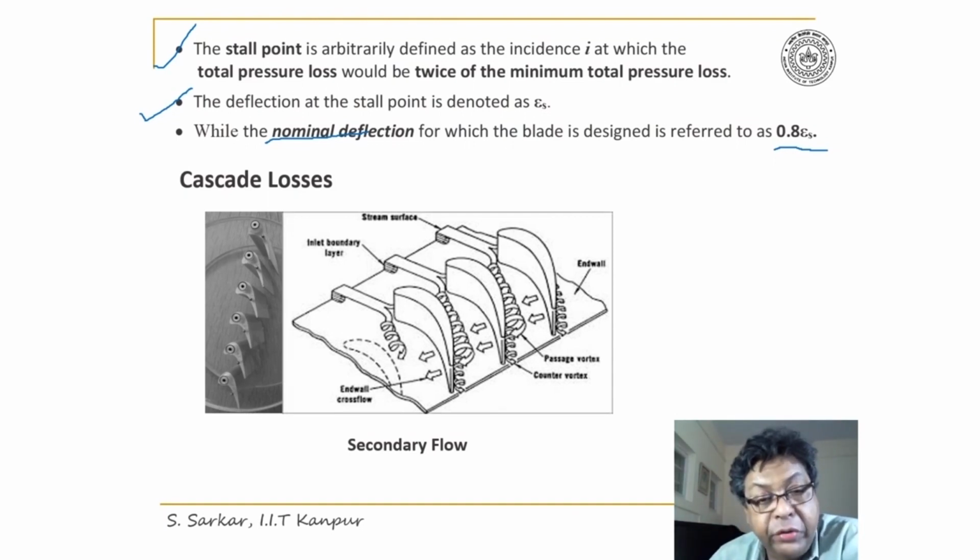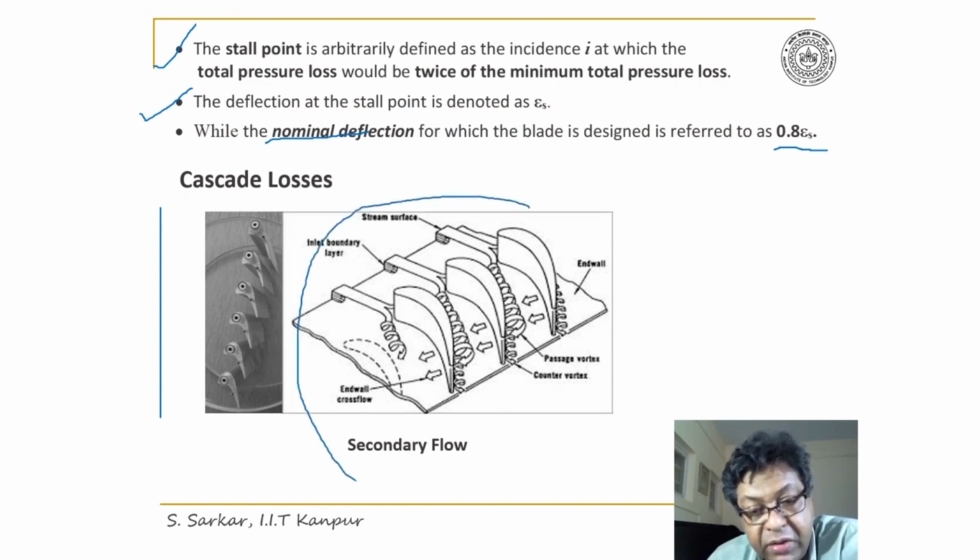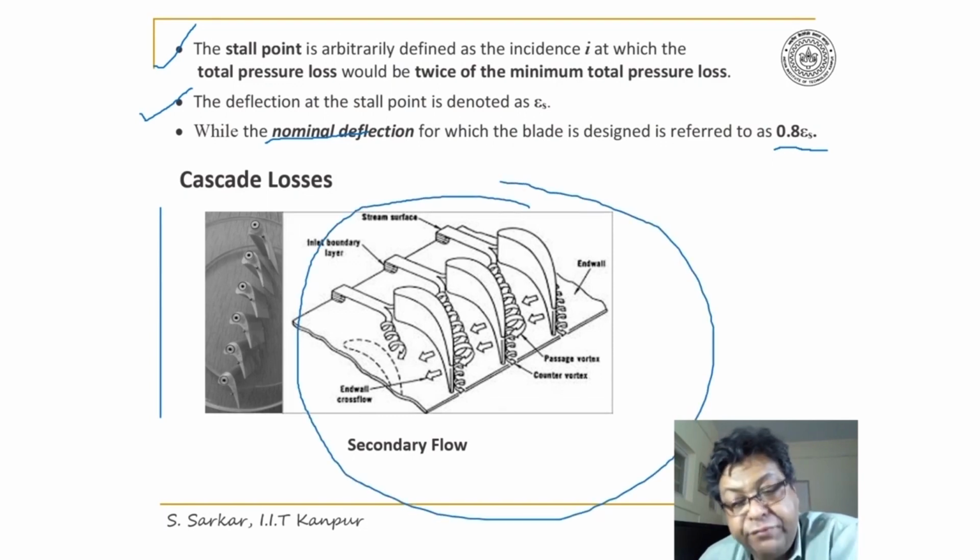Now I'd like to refer to you the cascade losses. I'll begin with secondary flow loss. Here I have shown a classical picture of secondary flow loss, particularly the formation of horseshoe vortices. Because of viscous flow, the boundary layer will develop not only on the blade surface, but also on the hub and casing.